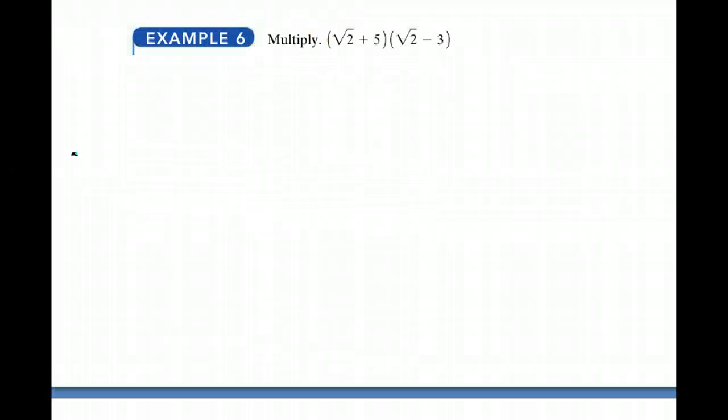We do have 2 binomials that have to be multiplied. So first times first, we have root 2 times root 2, which is just 2. Remember, that's like the square root of 4, which is 2. Then we're going to do our outers. Square root of 2 times negative 3 is negative 3 square root 2. Then we move on to our inners.